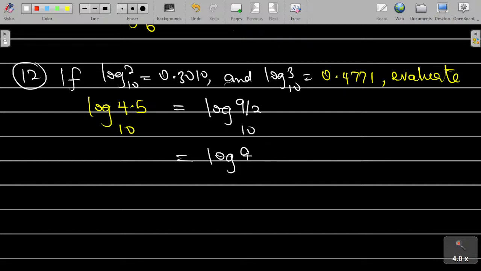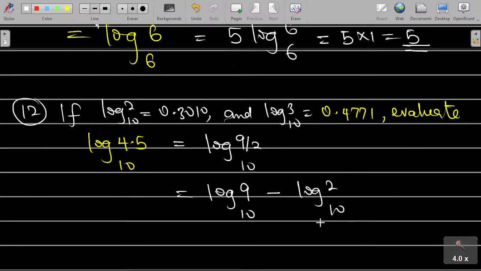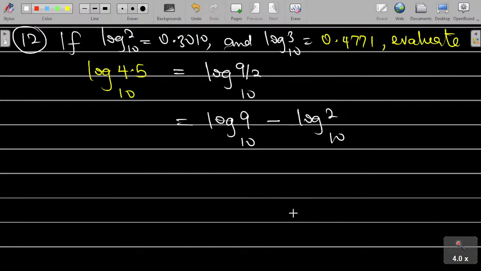So this is going to be log 9 base 10 minus log 2 base 10. Okay, and then remember that in all of this we will try to see how we can express this to now contain only log 2 and log 3, because these are the logs that we have their values, and we have achieved that here.